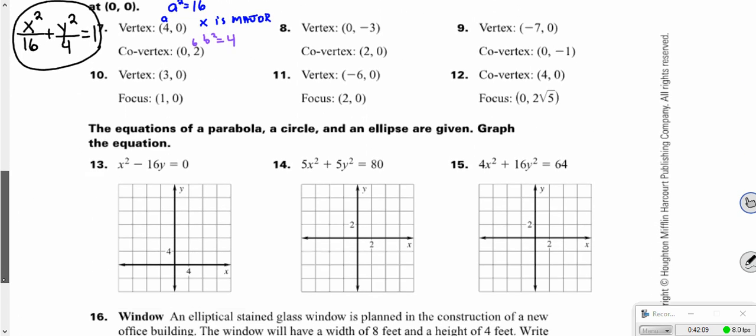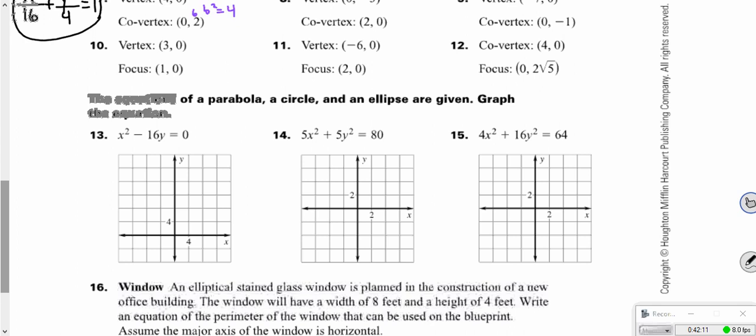Moving right along. Down here, 13 through 15. Now, the equations of a parabola, a circle, and an ellipse are given. Graph the equation. I'm not going to do these, but let me remind you of a couple of things.